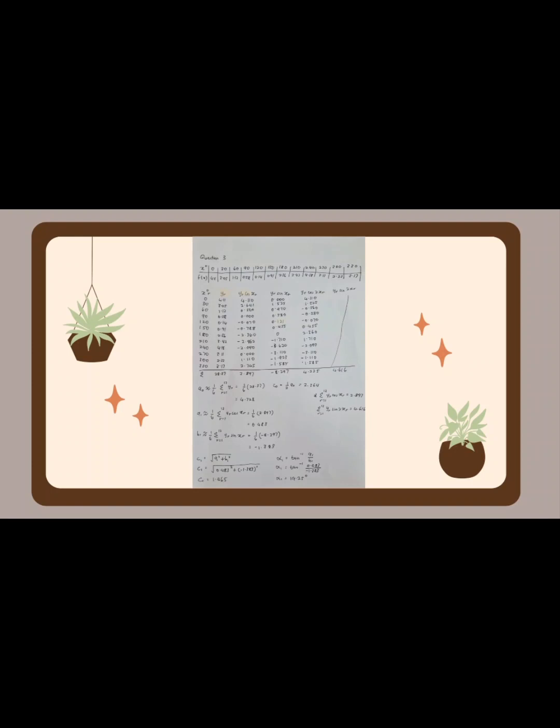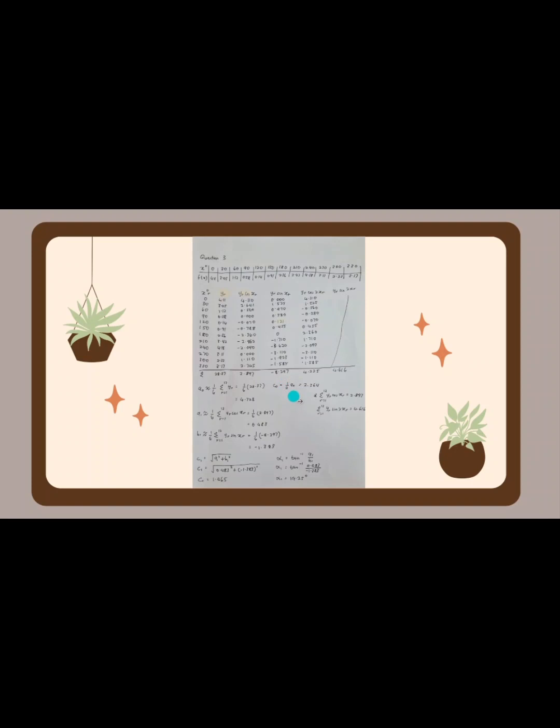So we first look for the values of y sin xr and y cos 2xr. After we find all the values in decimal points, we summarize the values.